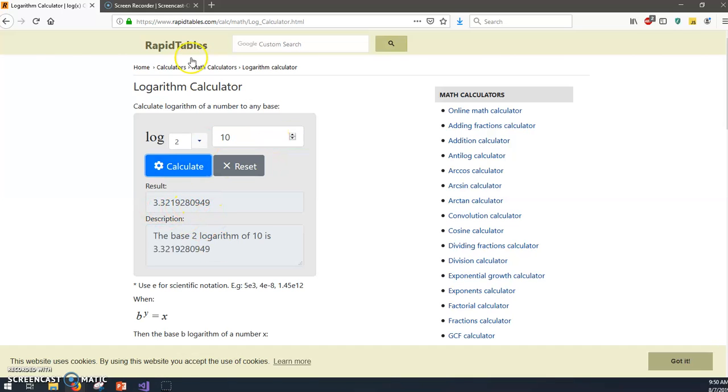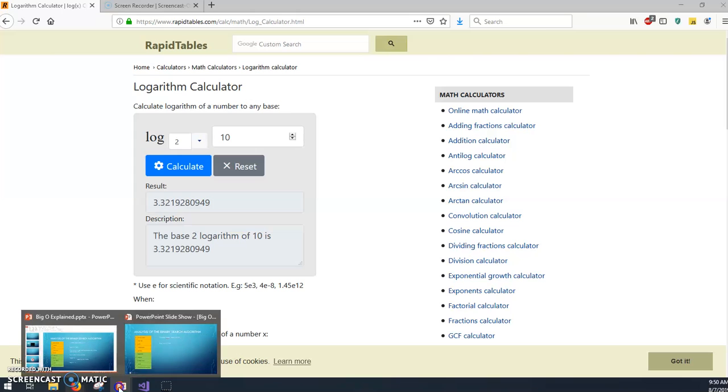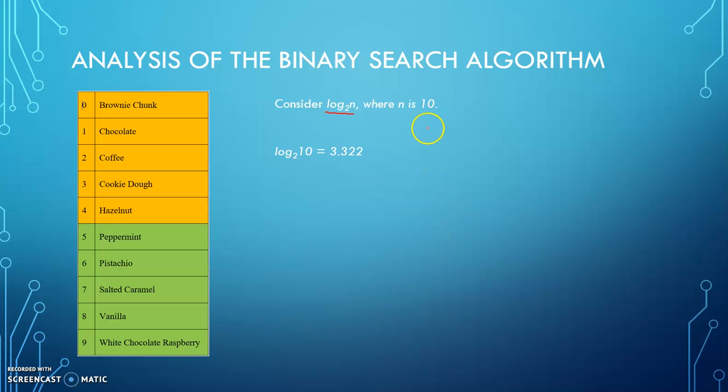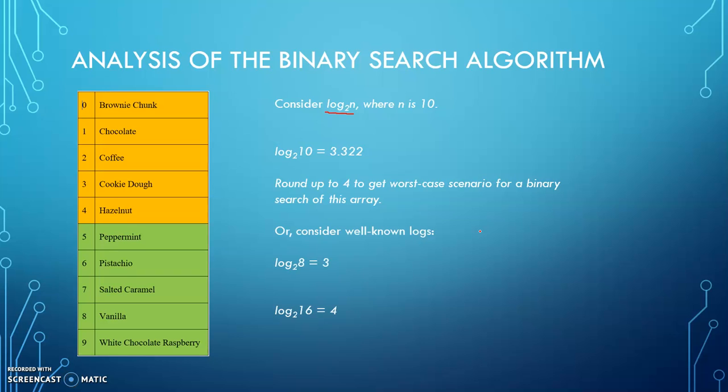There we have it, 3.32, give or take. Okay, so log of 10 with a base of 2 is 3.32, and we would round up to 4 to get the worst case scenario for binary search. And you saw when I was looking for the chocolate, it took me 4 reps, 4 iterations of that algorithm.